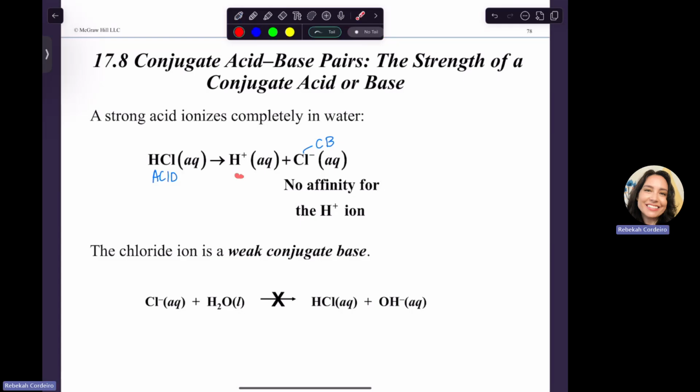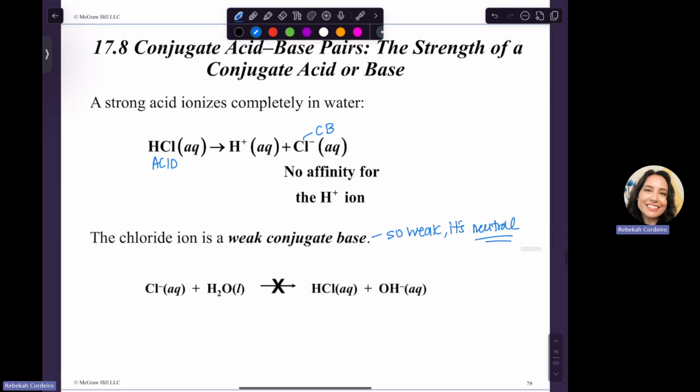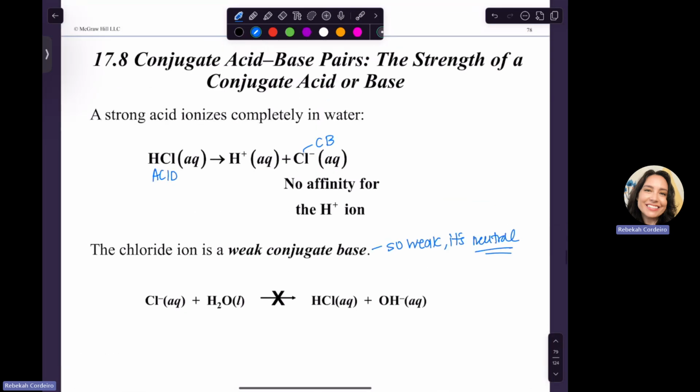No, because it is a one-way street. So chloride in water is not going to make hydrochloric acid. The chloride ion is so weak, it doesn't even have basic properties. It's so weak, it's neutral. That ion won't do basic stuff in water.